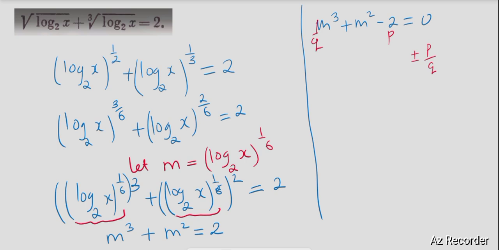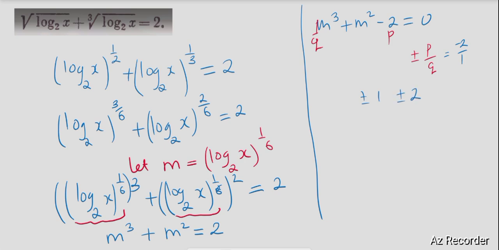Now, in this case, therefore, we are going to consider all the factors of minus 2 over 1. So the factors are actually plus or minus 1, plus or minus 2.